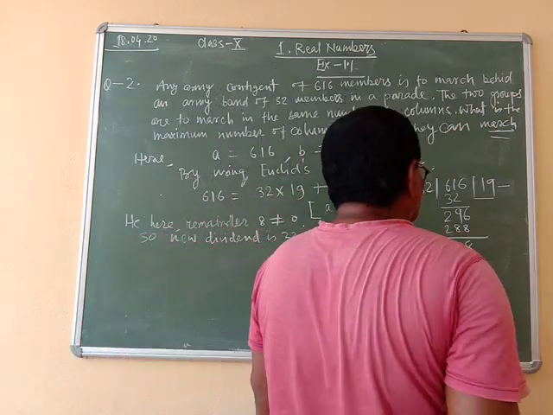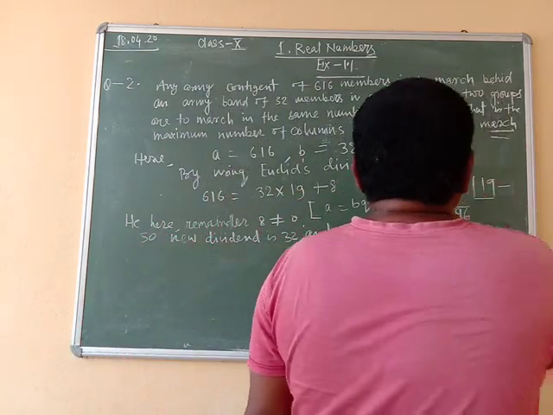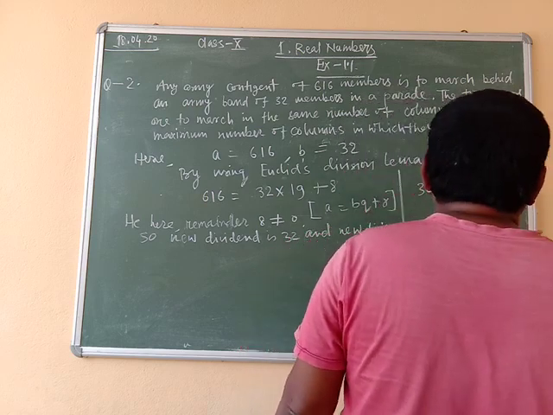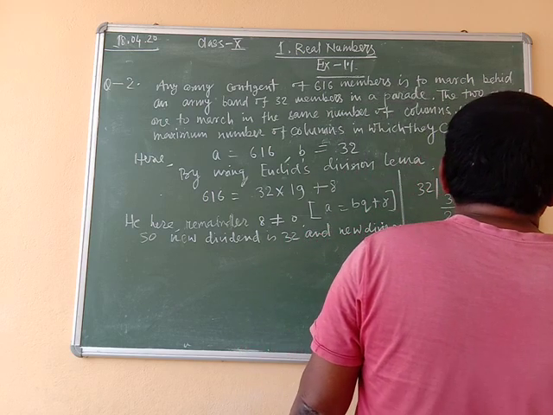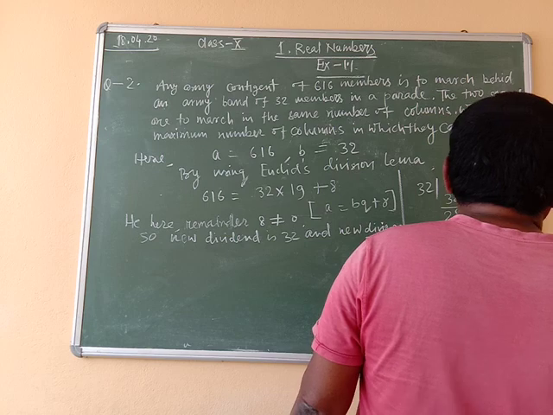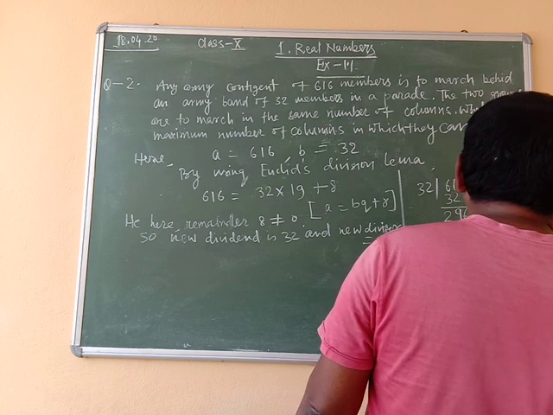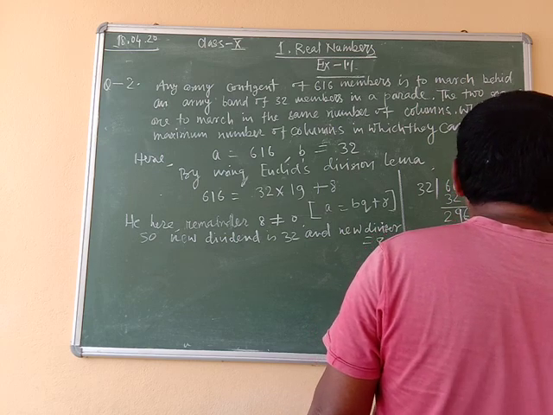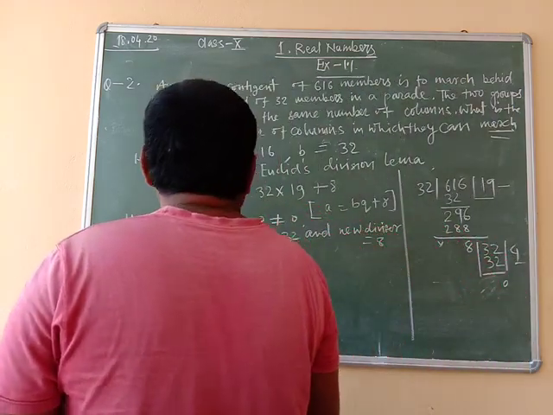Again we divide 32 by 8. We get 4 as quotient and 0 as remainder.